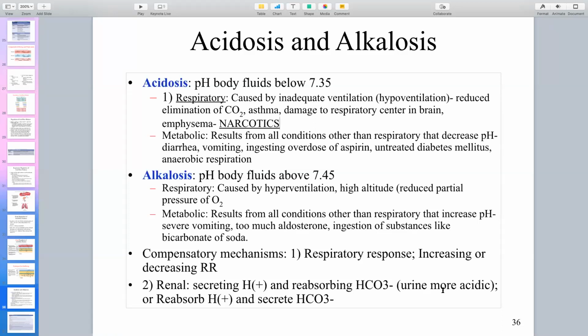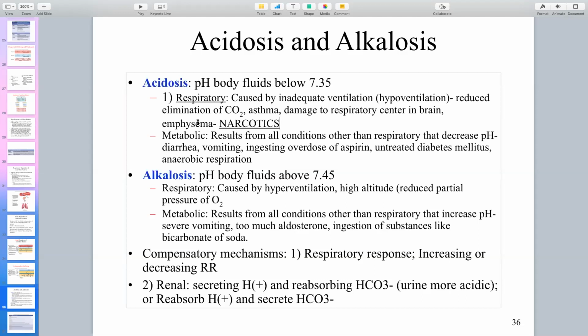By urinating out that excess hydrogen and reabsorbing more bicarbonate, the bicarbonate goes into your bloodstream, neutralizing excess hydrogens. We are then decreasing the hydrogen concentration, which allows us to go from 7.2, now there's less hydrogen, 7.3, less hydrogen, 7.4.